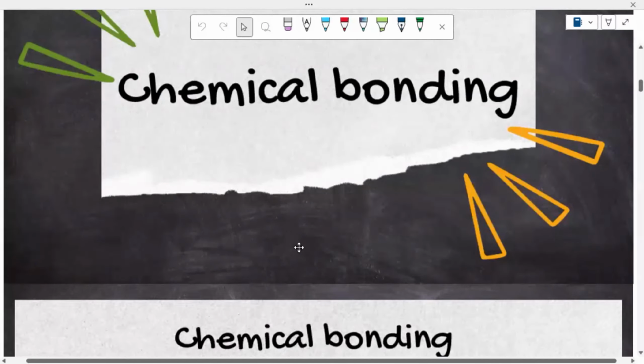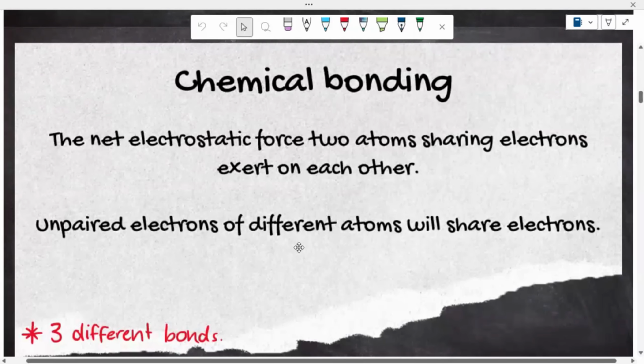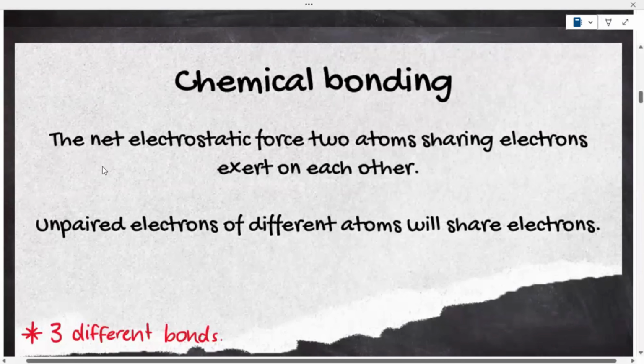So we're starting off with our chemical bonding, just a little bit of understanding what our chemical bonding is, right? So we have a net electrostatic force between two atoms, and how that force is exerted on each other to force these atoms to engage and stay connected to one another. The whole idea of chemical bonding is that unpaired electrons of different atoms will either transfer or share electrons.